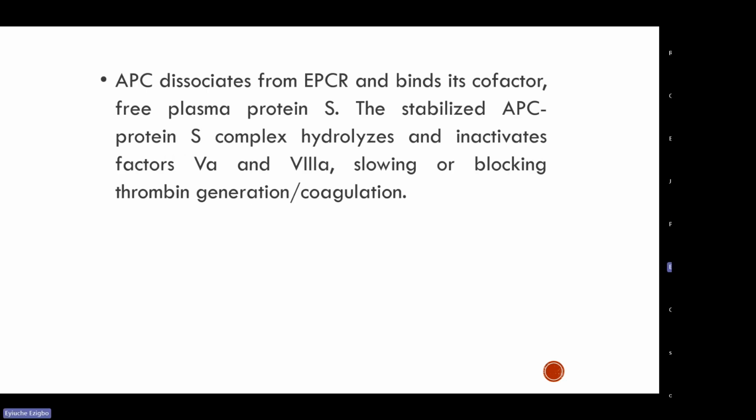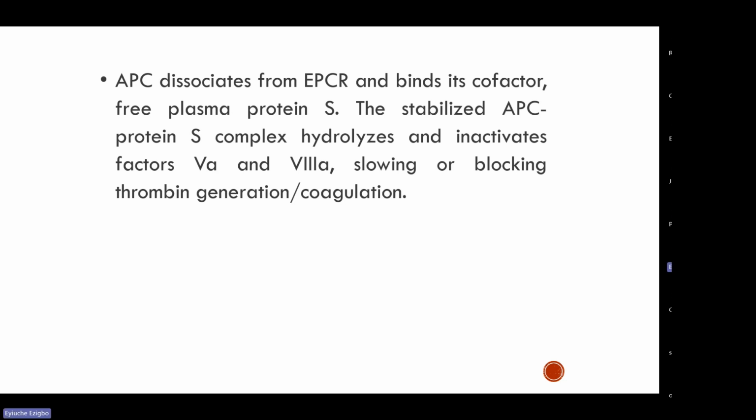Activated protein C dissociates from EPCR and binds its cofactor, free plasma protein S. We're just trying to describe how the combination between activated protein C and protein S occurs. That's just the meaning of that sentence. The stabilized APC-protein S complex hydrolyzes and then inactivates factor 5 and factor 8.